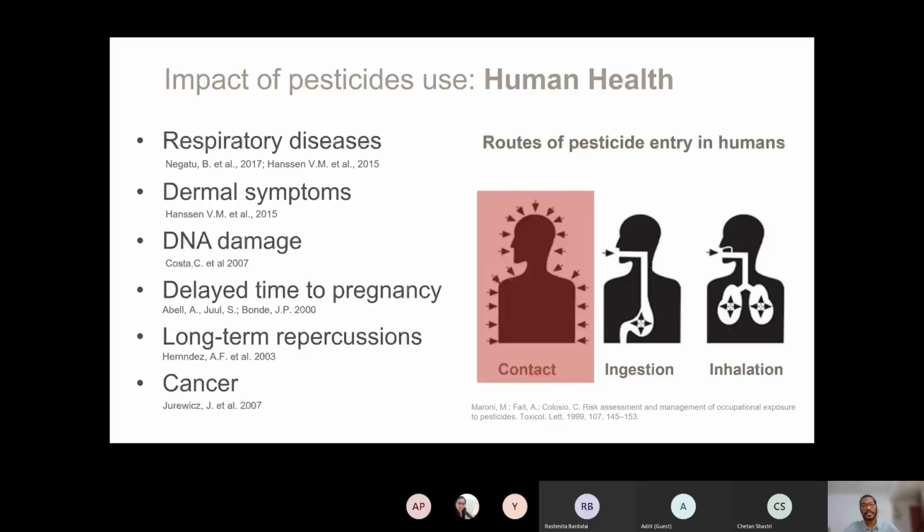My study largely concentrates on the entry of pesticides through the human skin, because the human skin, being the largest organ in the body, is also the biggest channel through which contamination can occur.